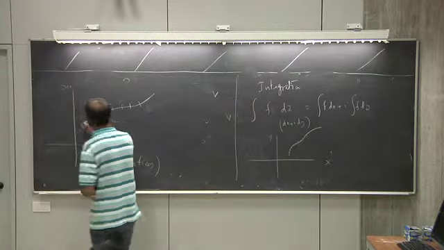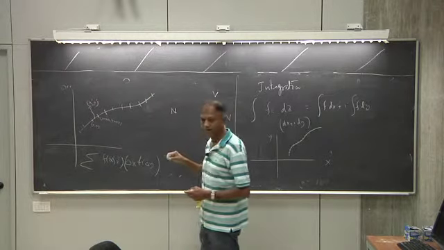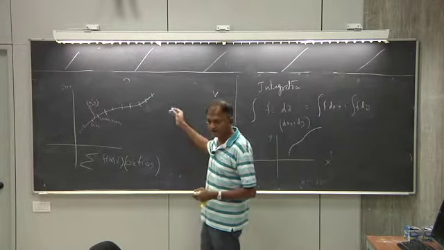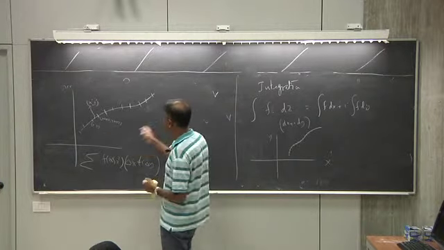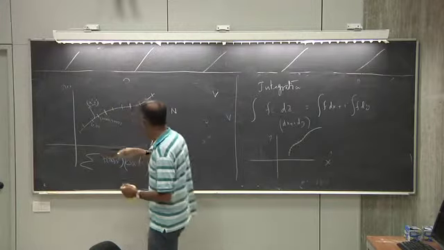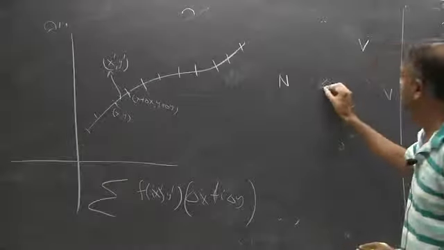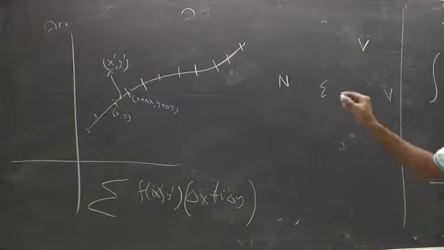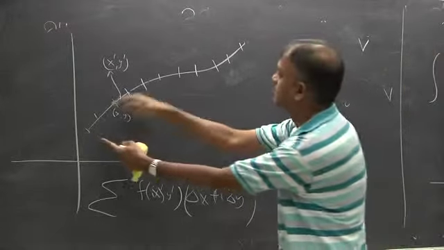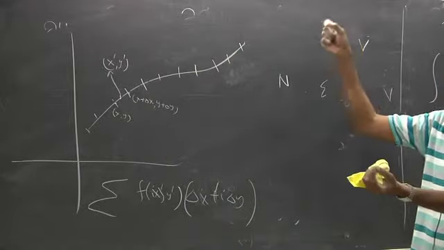So let's say I divide this into capital N pieces. N is large. Of course, when N becomes large, these separations become smaller and smaller. Let's suppose the distance between each of these separations is epsilon. So N times epsilon is like the length of this curve, which is fixed, given a curve.